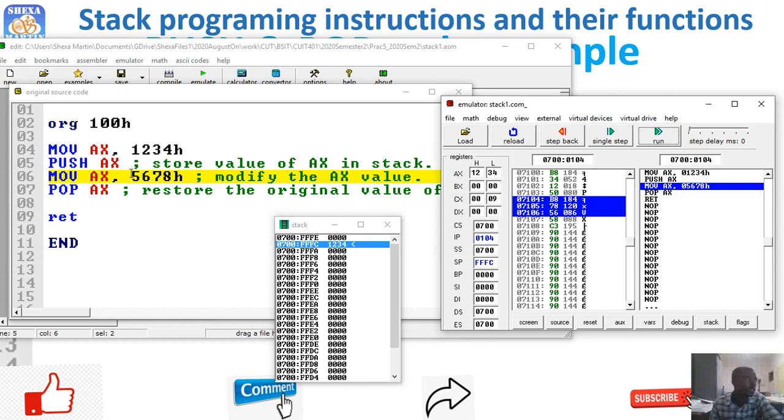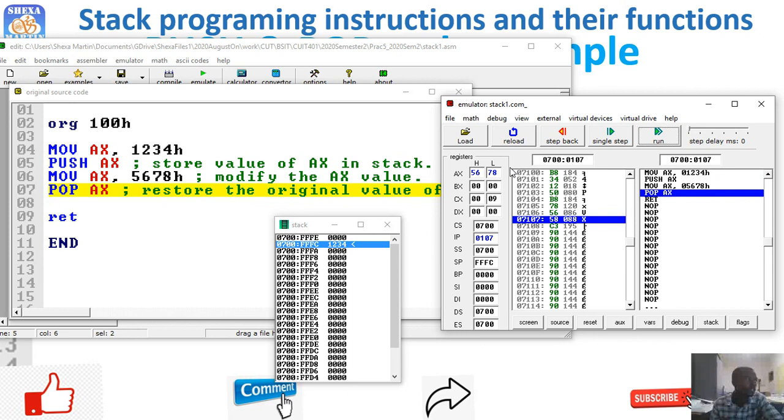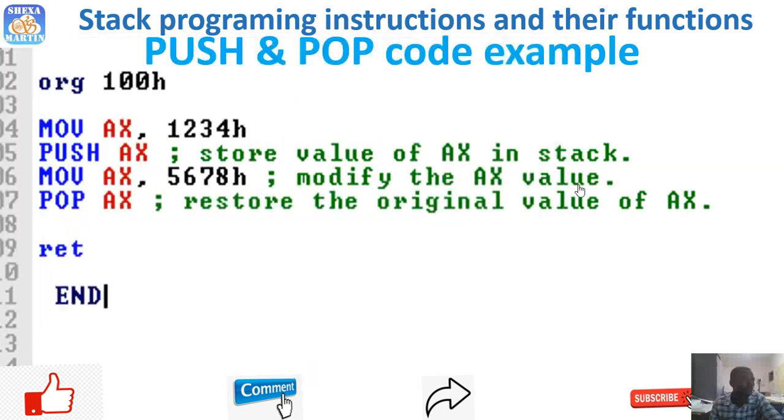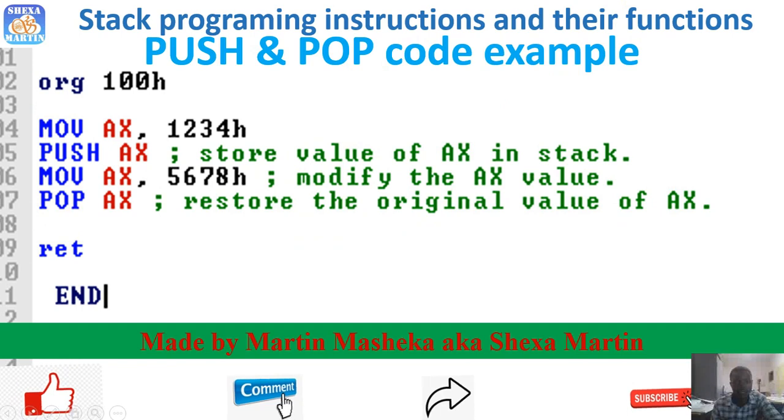Then AX shall have 5678, okay, yes, it's having that. And then our AX shall have 1234, which is the value that is at the top of the stack, yes, that's it, we are done. And then we move to the next.